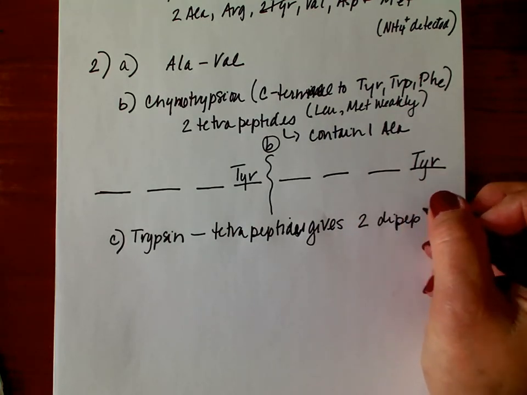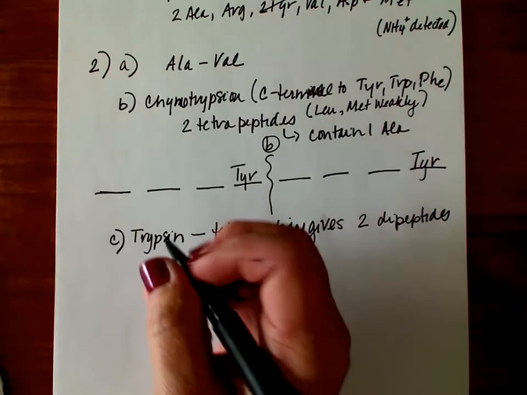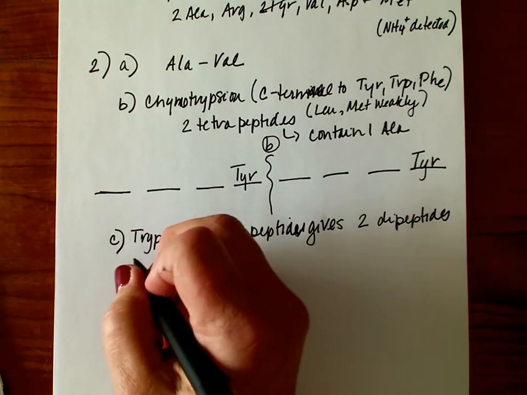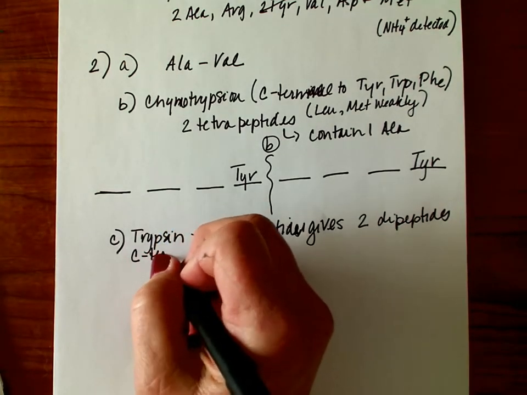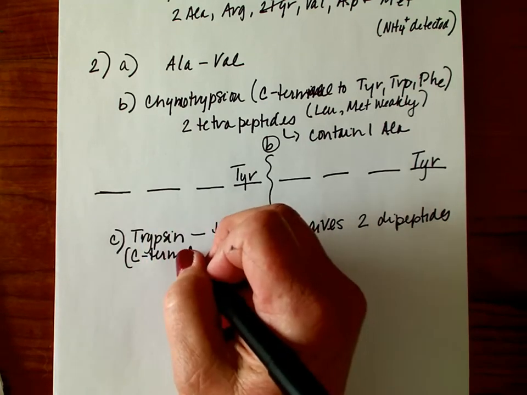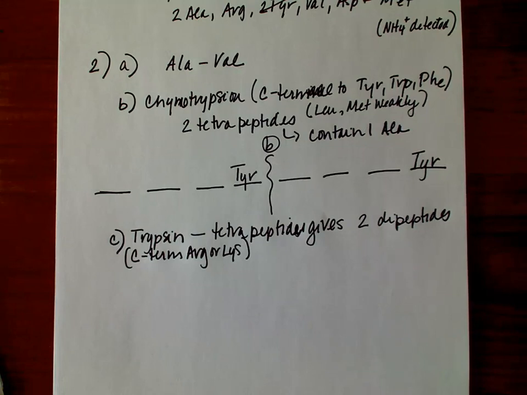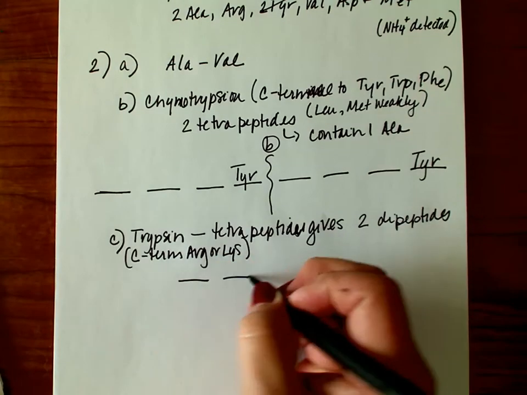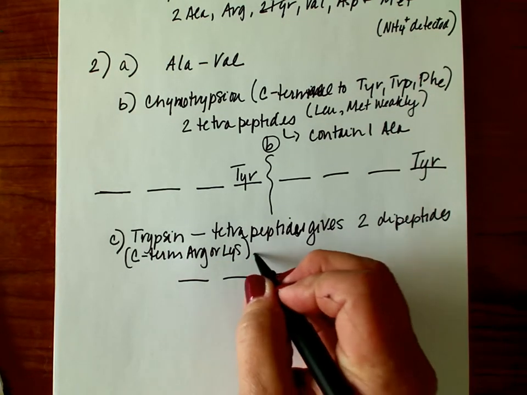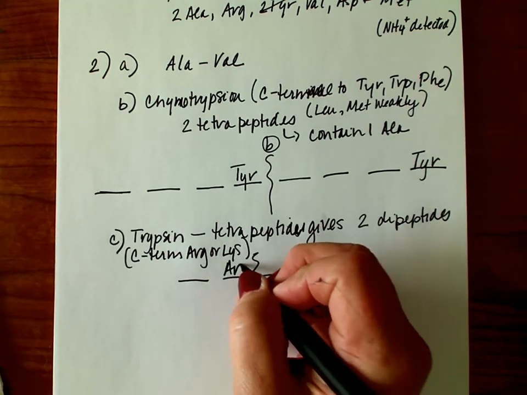And again, trypsin cleaves C-term of arg or lys. We do have an arginine. Okay. So this is what our tetrapeptide looks like from this information.